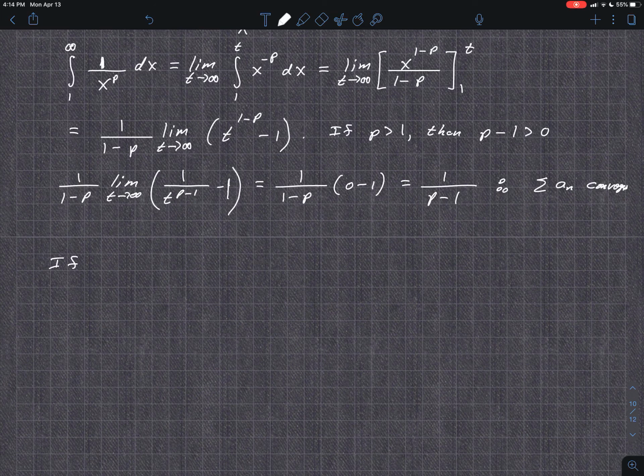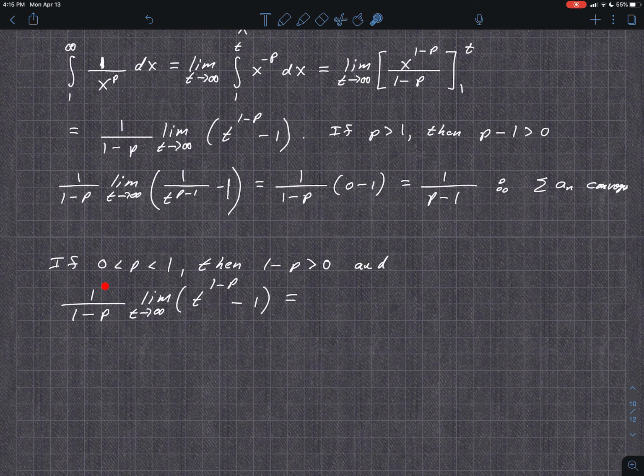All right, so now let's look at this. If 0 is less than p is less than 1, then we have 1 minus p is greater than 0. And we have this limit: 1 over 1 minus p times the limit as t approaches infinity of t to the 1 minus p, minus 1.